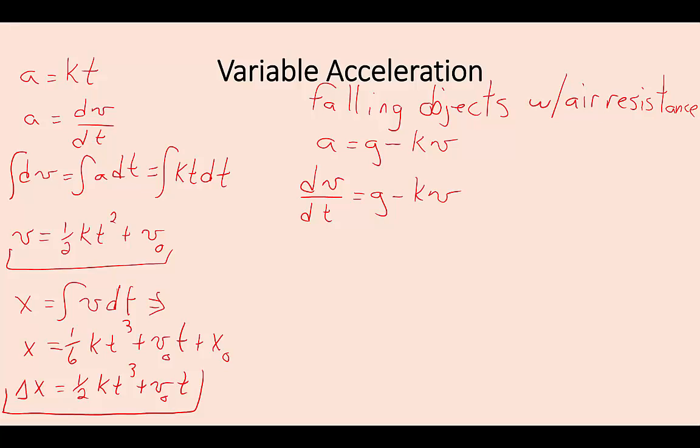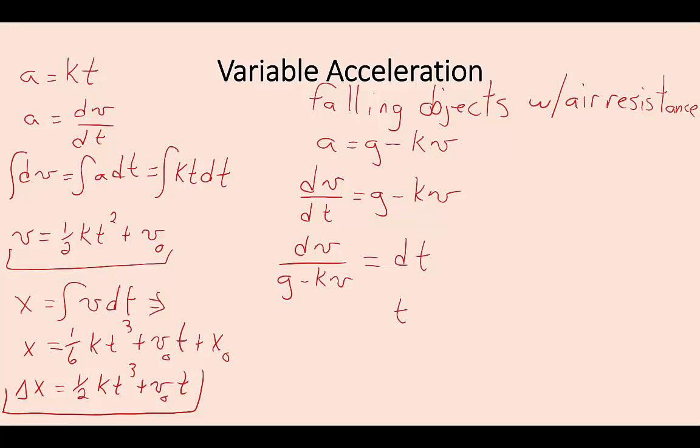If we move all the v's to one side, then we get dv over (g minus kv) is equal to dt. We integrate both sides, and the right-hand side simply becomes time. The left-hand side looks pretty complicated, but it isn't really, and you can use the integral tables in your book to find out what that is.